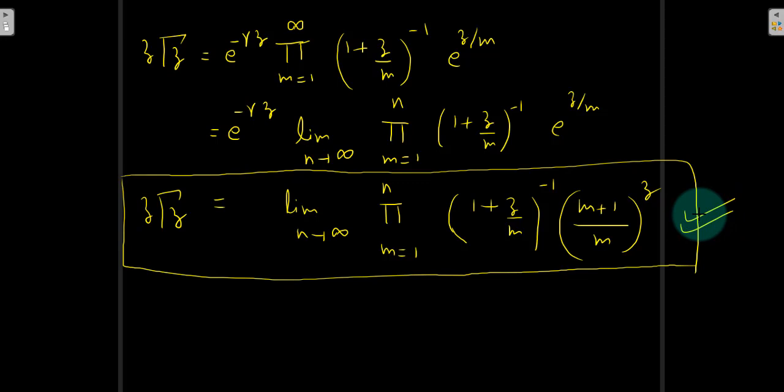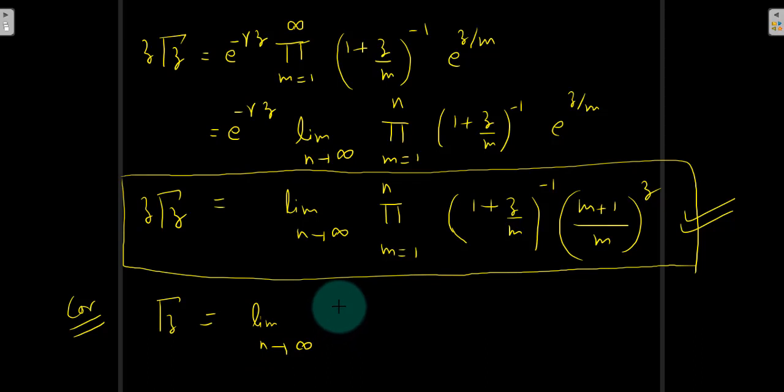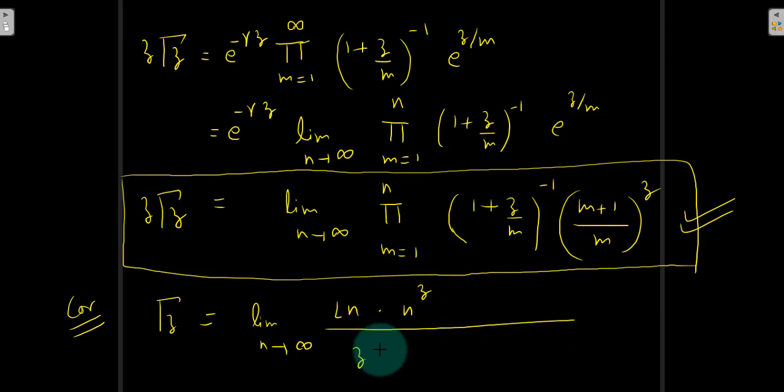Now we are going to prove a corollary, and that corollary is also very important. What we are going to prove, let me state it. We are going to prove this gamma z is limit of factorial n into n to the power z, over z, z plus 1, z plus 2, up to z plus n.